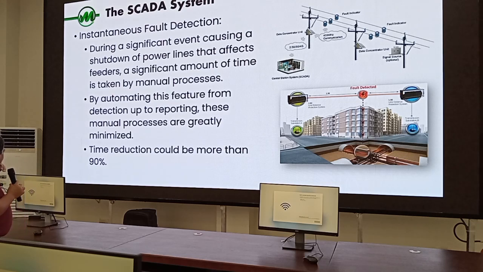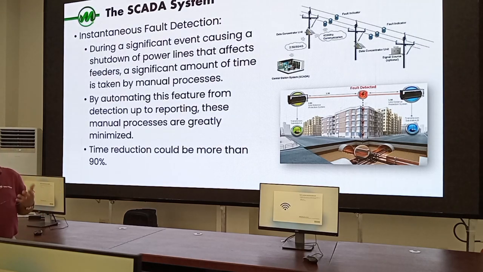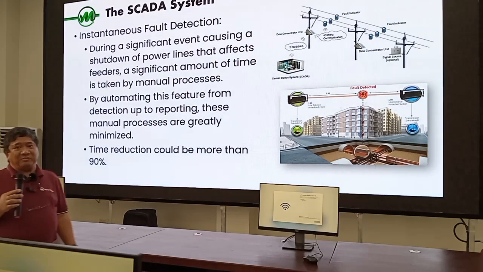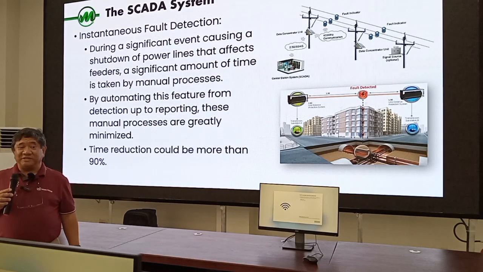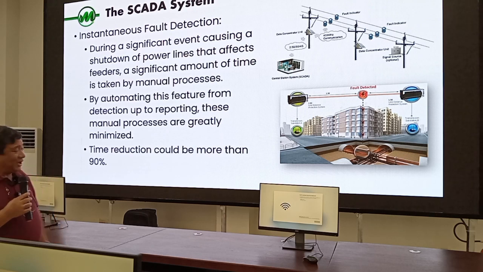For now, we could only say that we will try to see the reduction in response time and in SAIFI-SAIDI, and we would be improving by more than 90%. That translates to benefits to consumers.